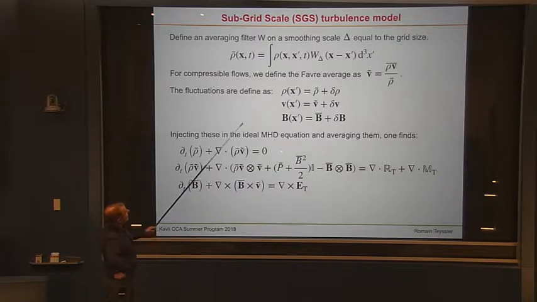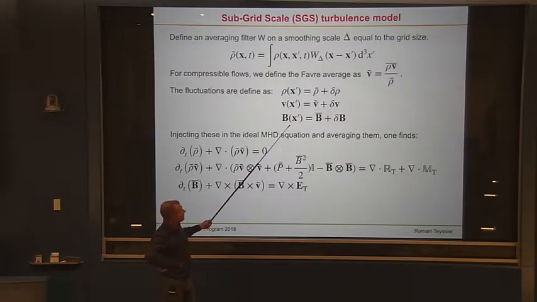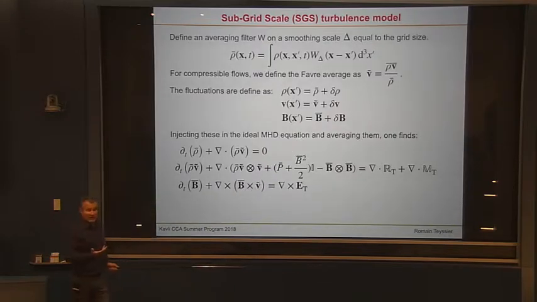So if you do that, basically, you can then define your fluctuation, so as the average value plus a fluctuation inside the cell. Right? Same thing for the velocity, except now you define the fluctuation velocity with the Favre average plus the fluctuation. And for the magnetic field, since we're dealing with MHD, you do the same. Right? So that's basically the idea.